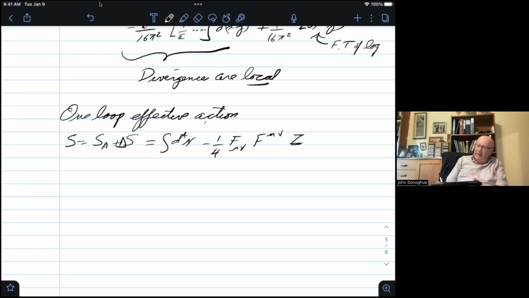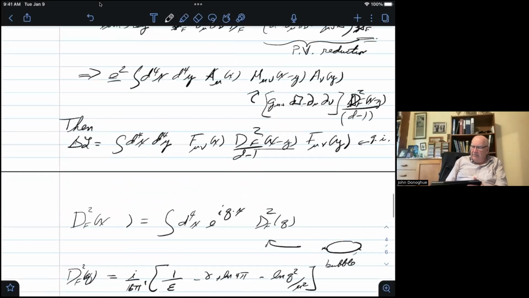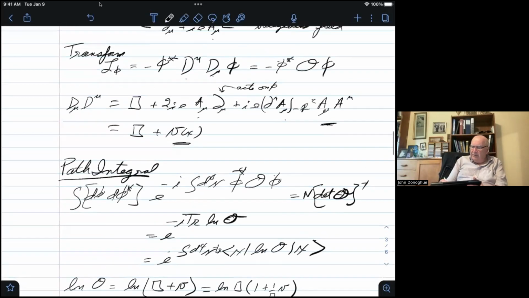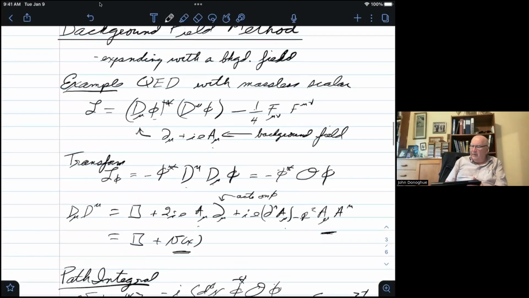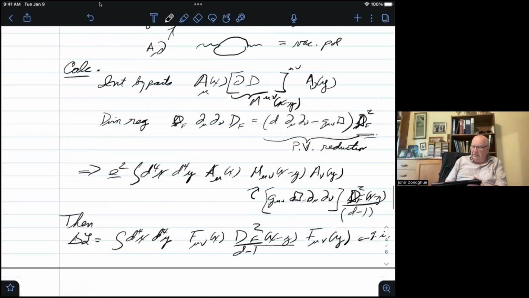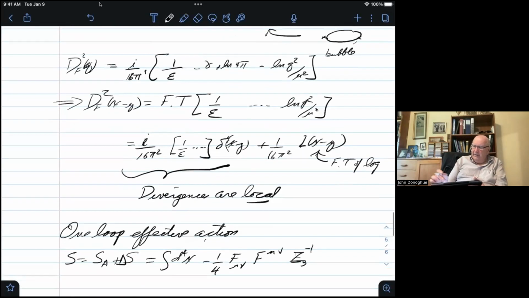It's Z3 to the minus 1 in standard notation, which is the sum of the original photon Lagrangian and this correction, which also has FF at the same point.